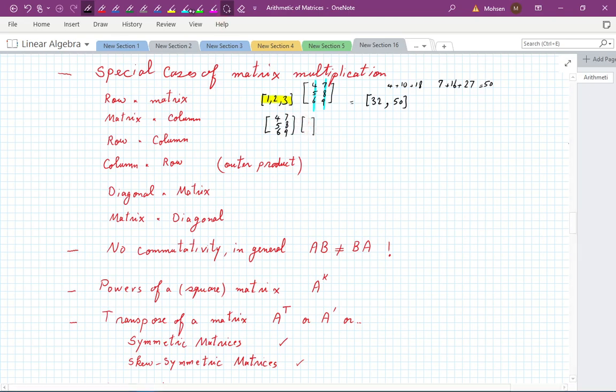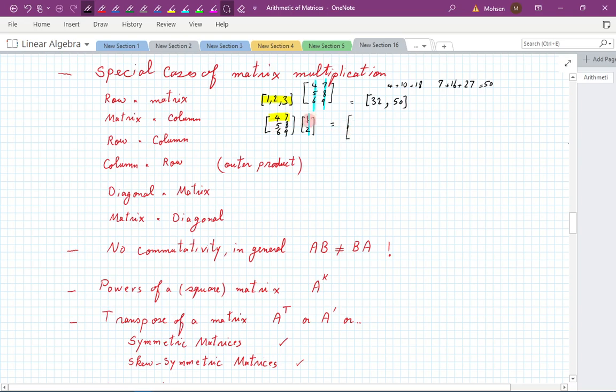So again, remember, we are taking rows of the first, multiplying by the columns of the second. And this multiplication is just a dot product. So here I have to have exactly two items, like just 1 and 2, because that's to match this yellow row on the left. Then 4, 7 times 1, 2. So what's that going to be?